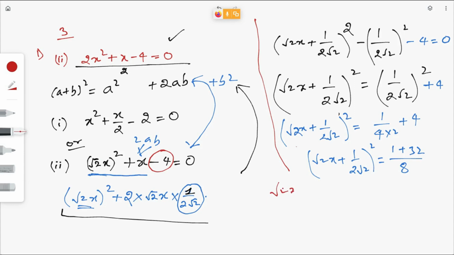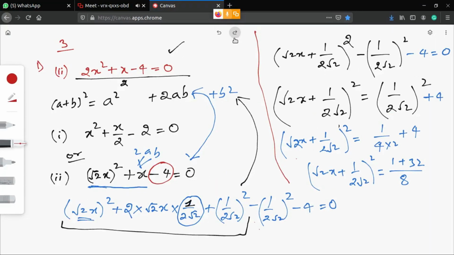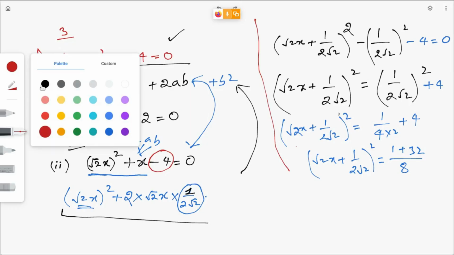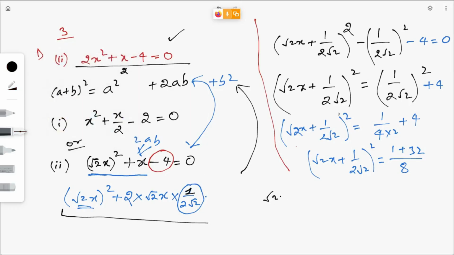Root 2x plus 1 by 2 root 2 whole square, or if you take the square root here, you will get a root of this. Okay, so that is 33, root of 33 divided by 8, which is plus or minus root 33. 8 can be written as 4 into root 2, right?